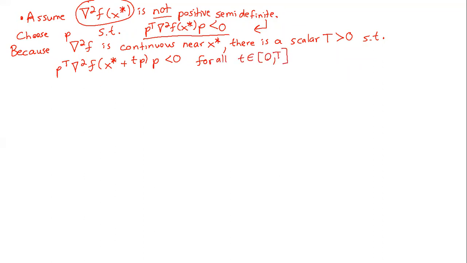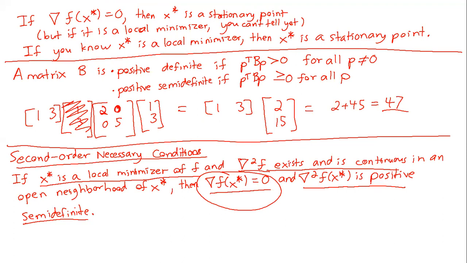This is similar to the continuity argument we did related to the first derivative in the prior proof for the first order necessary condition. Here we're saying, okay, we're assuming that del squared f exists and is continuous in an open neighborhood of x star, but that it is not positive semi-definite there.